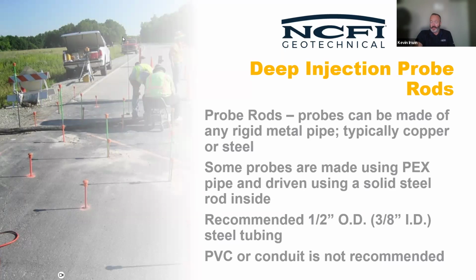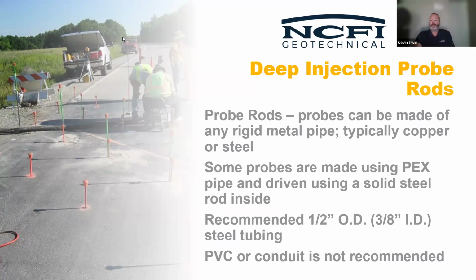The probe rods that we use typically, as I mentioned, I typically use the steel tubing. I've used copper, and off-the-shelf PEX from Home Depot or Lowe's in the past. I don't recommend trying to use thin-walled conduit or PVC, as the chemical reaction of the polyurethane foam is an exothermic reaction.